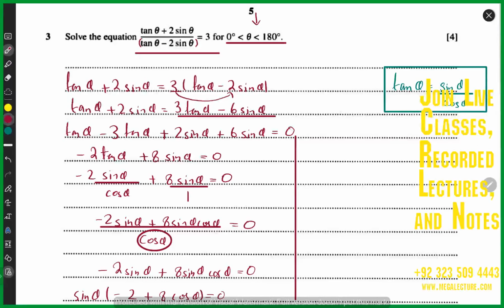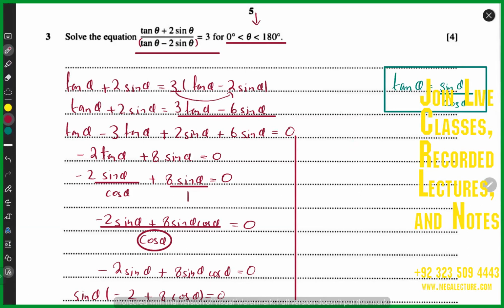Now I was not able to cancel out sine with cos, obviously, because I cannot do that. But at this point, I know this is what exactly used to happen in quadratic equations as well, right? I know that at this point I can equate sine theta to 0. I can make two equations out of it.